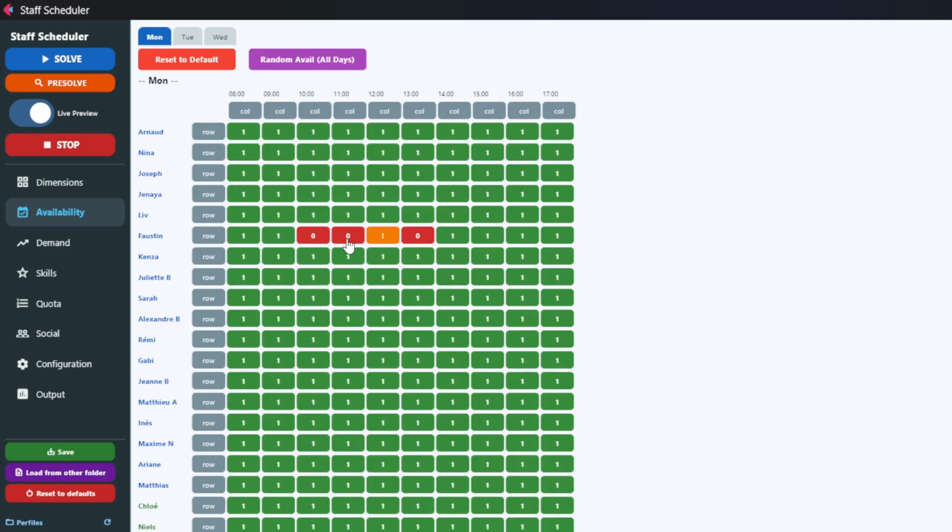Green is completely available, red is completely unavailable, and yellow is I'm available, but please don't call me, only under an emergency or if you need to basically have people as a last resort. We can change the day that we are setting, and yep, we go into the demand.